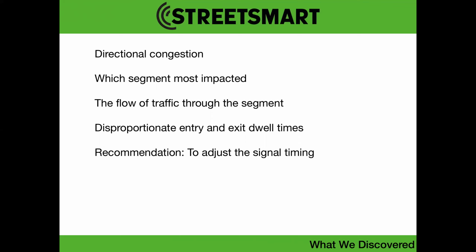It takes 4 times as long, or 48 seconds, for the average car to leave the segment, whereas it only takes 22 seconds to enter the segment. This gives us a clear recommendation to adjust the signal timing to allow cars to exit the segment quicker, and also use StreetSmart to verify that the adjustments we make are going to impact the overall travel time of this segment.